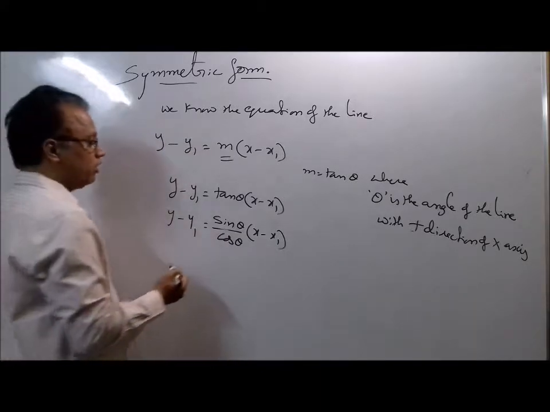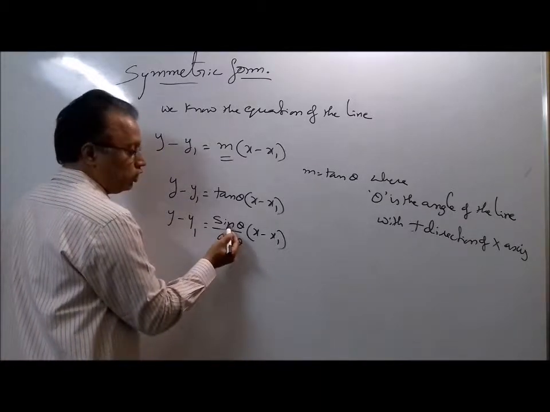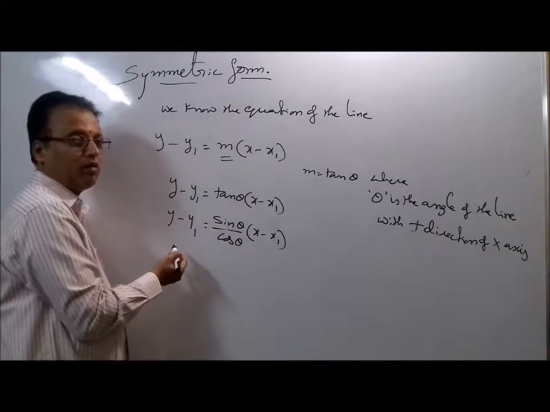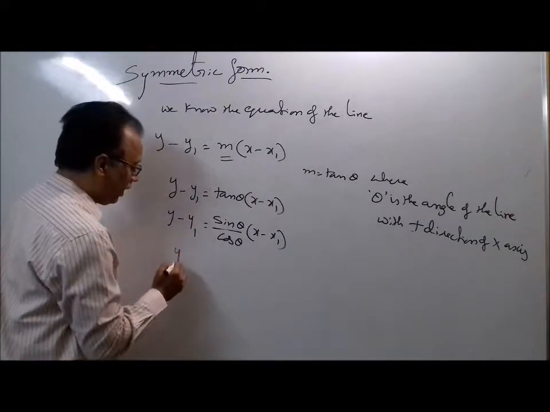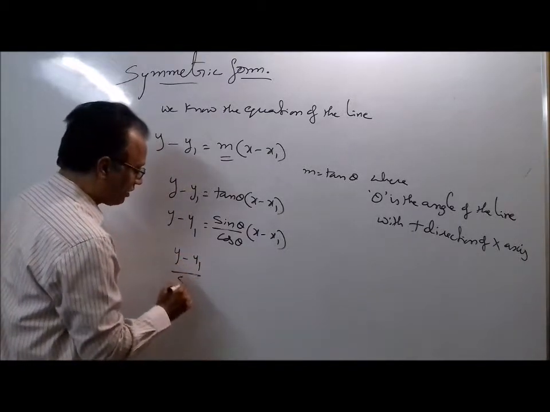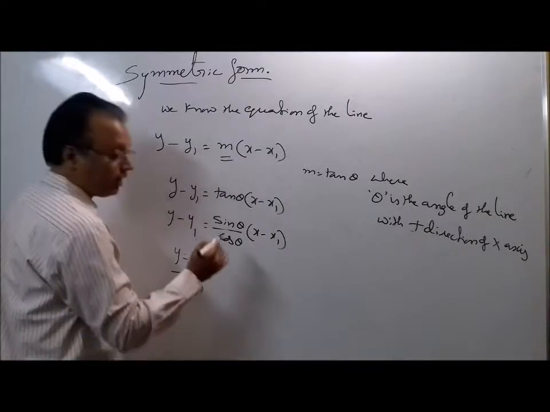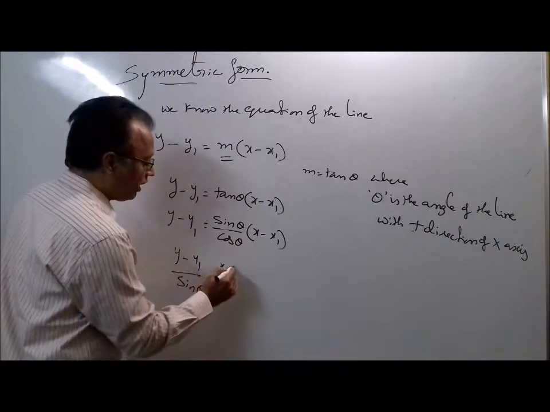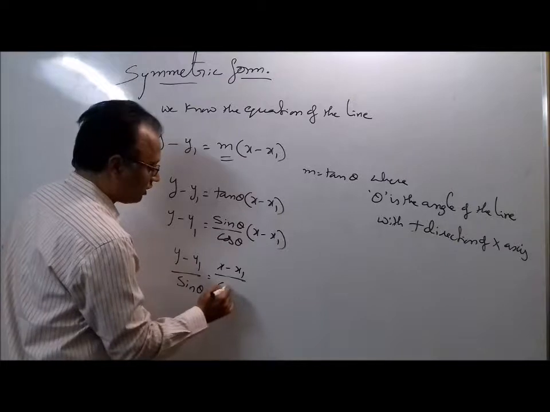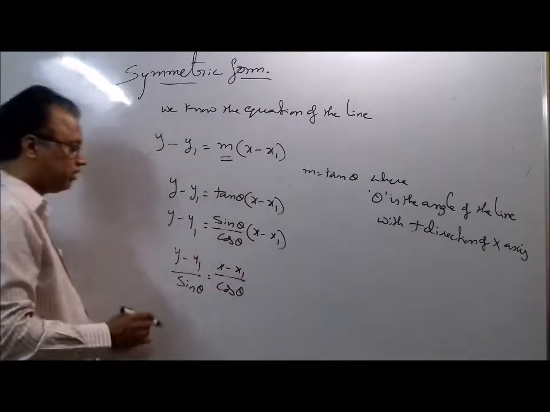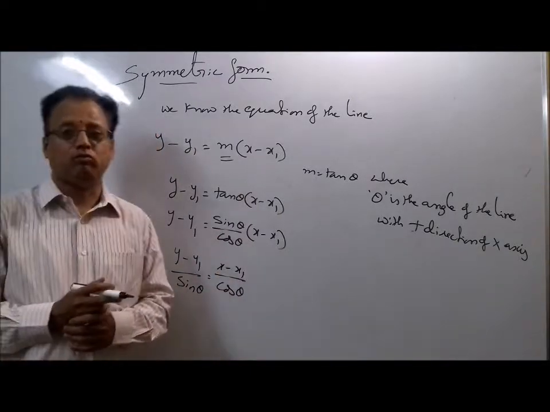Sin theta in the numerator comes to this side and becomes the denominator. So y minus y1 by sin theta is equal to x minus x1 by cos theta. This is the symmetric form.